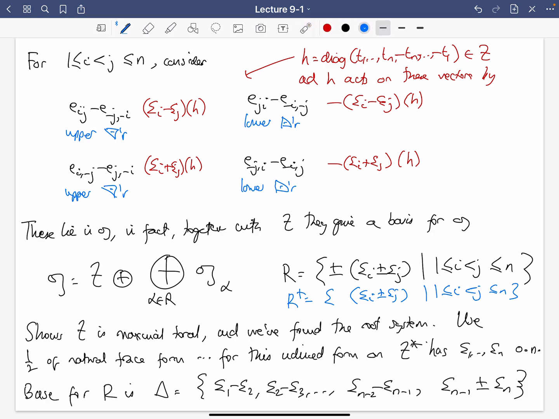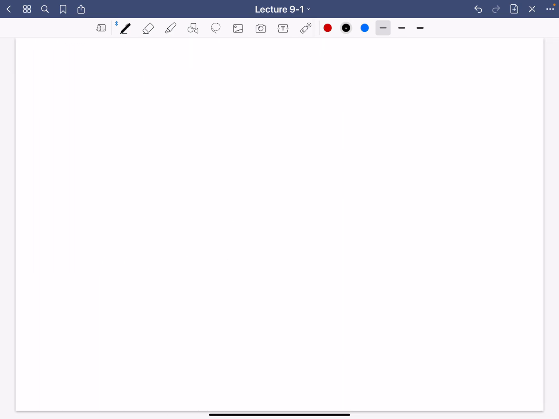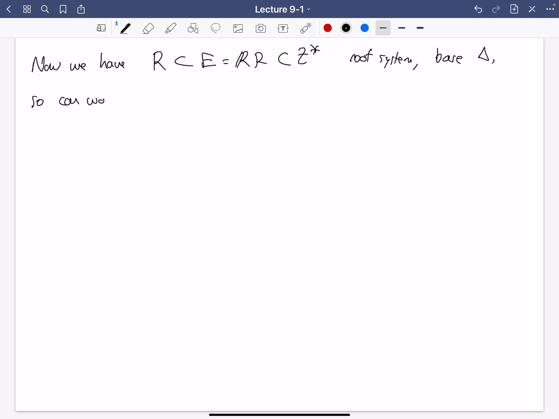And finally, we want to work out the Dynkin diagram. So if I let E as usual be the R-span of the roots sitting inside T star, we have this root system, and we have the base. So we can work out the Cartan matrix.